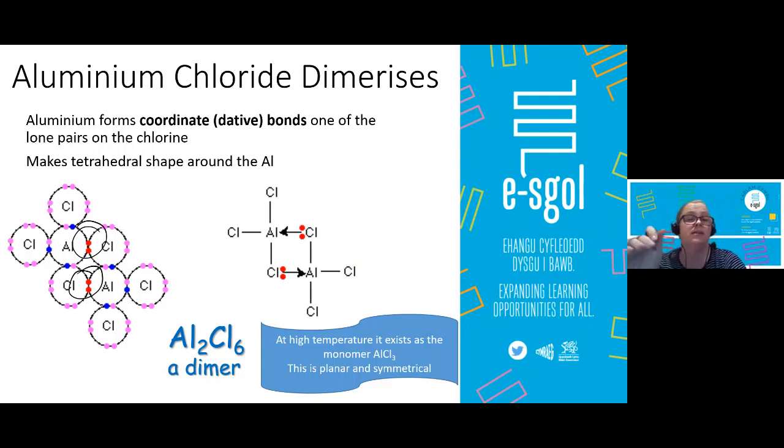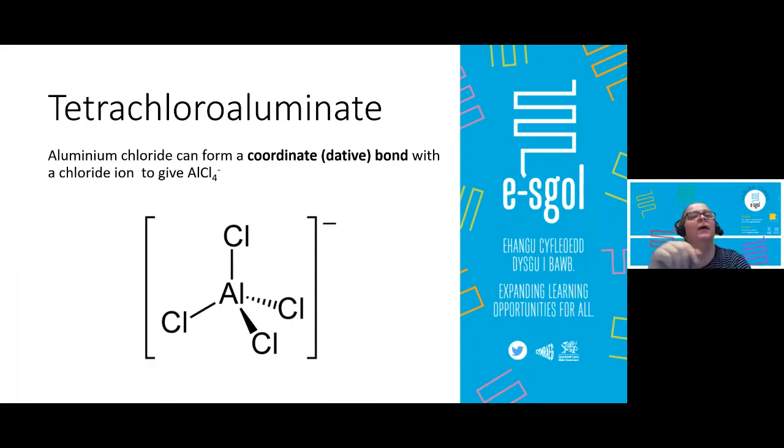If it's present as its monomeric form of AlCl3, it is planar and it is symmetrical. I'll be touching and dipping into these VSEPR theories of molecular shapes as well, because that is a very synoptic element that might creep into your Unit 3 and 4 quite regularly. So tetrachloroaluminate: aluminium chloride can form a coordinate dative bond with a chloride ion.